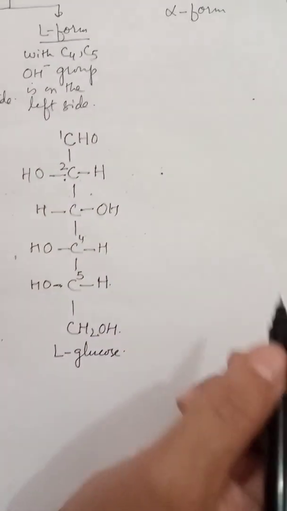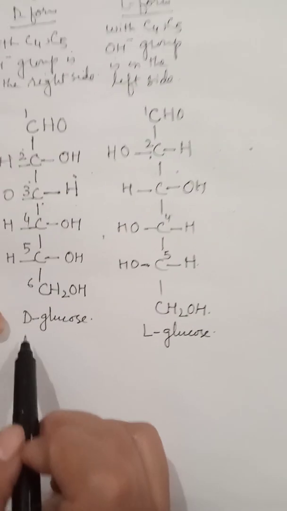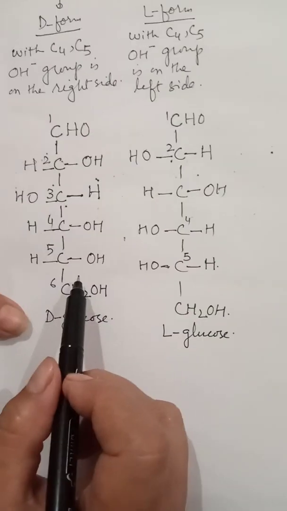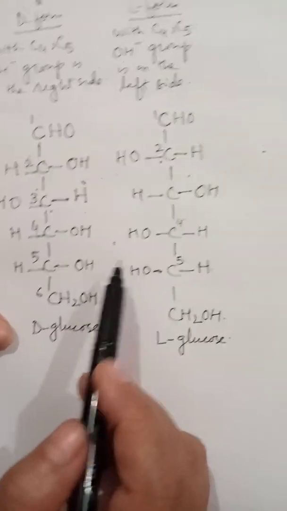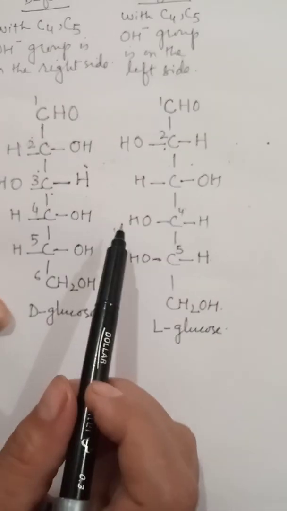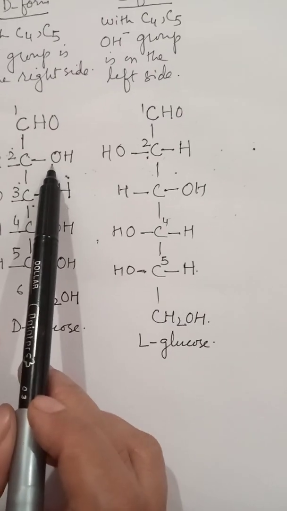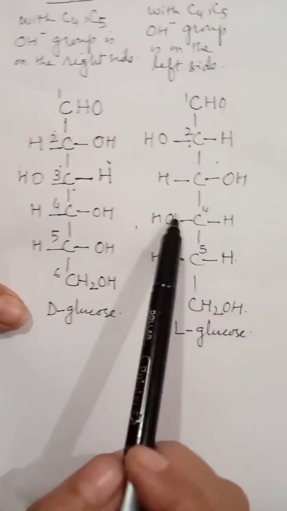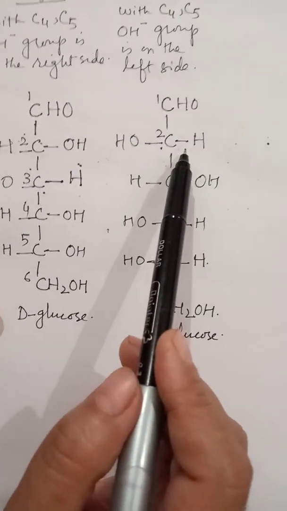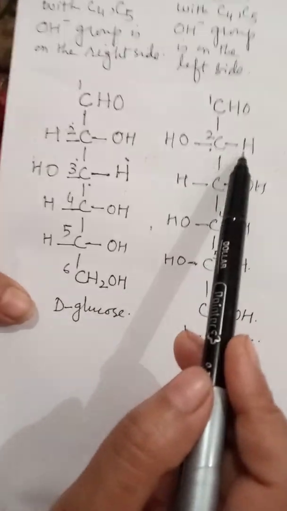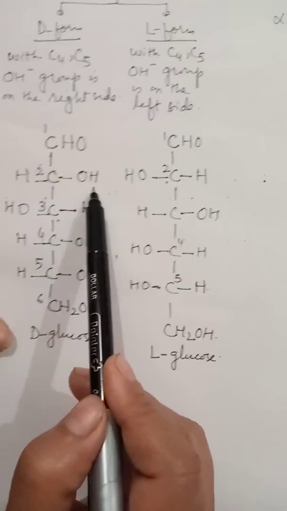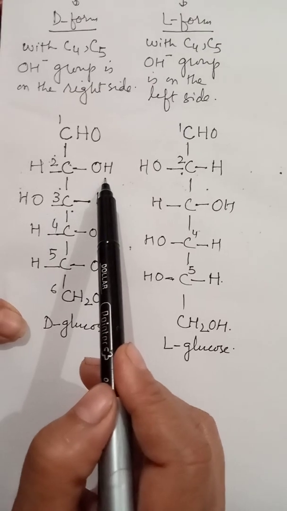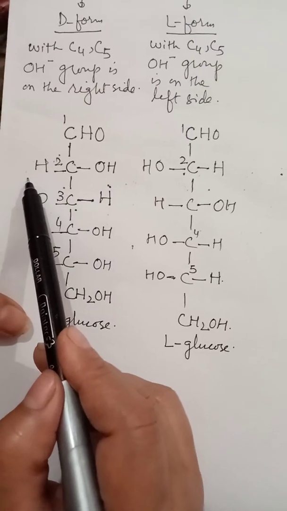Now both D and L forms are types of stereoisomers. Stereoisomers are those isomers which have different arrangement of hydrogen and hydroxyl group in space. Like you can see that here with carbon number 2 hydrogen is on the right side, and in this one you can see hydroxyl group on the right side and hydrogen on the left side.